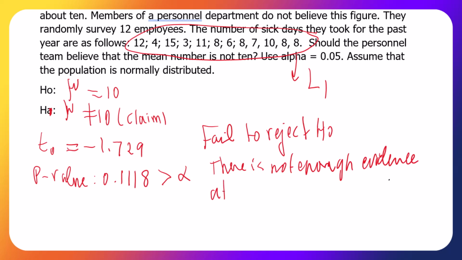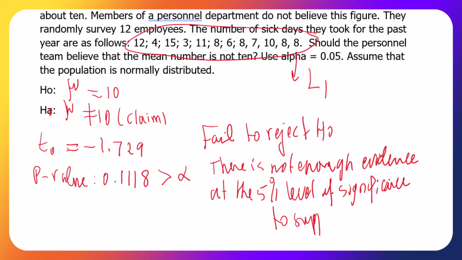At what level? At the 5% level of significance to support the claim that the mean number is not 10.